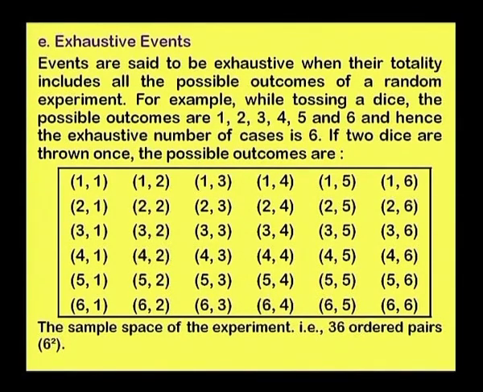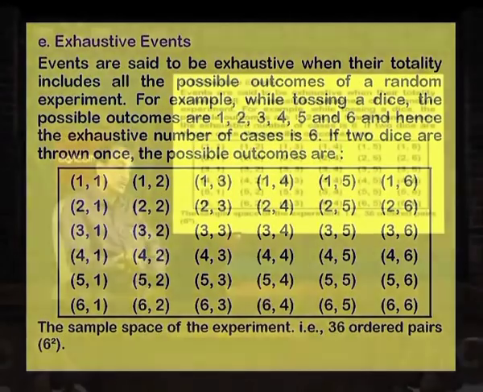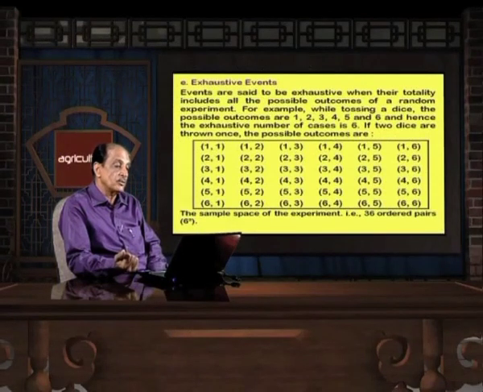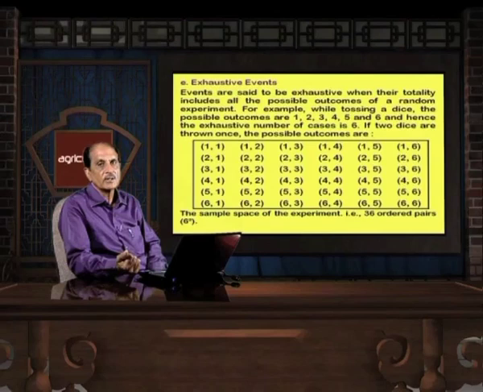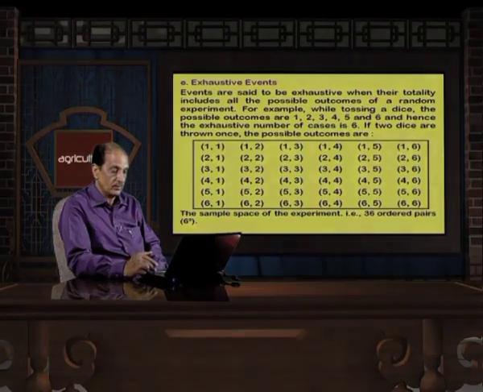So, this is the possibility of getting the numbers if the dice is tossed 2 times. The sample space of the experiment is 36 ordered pairs, that is, 6 squared, which is 36.